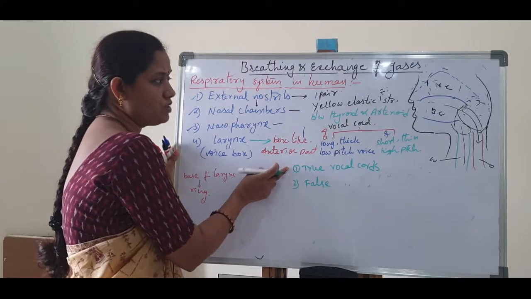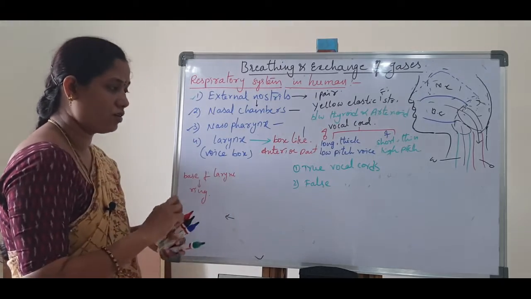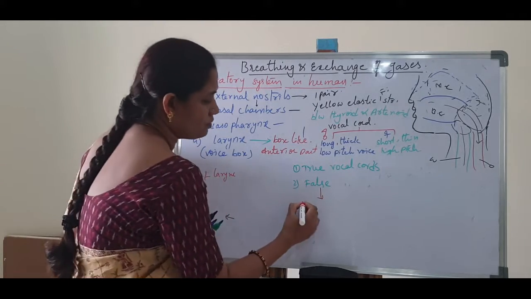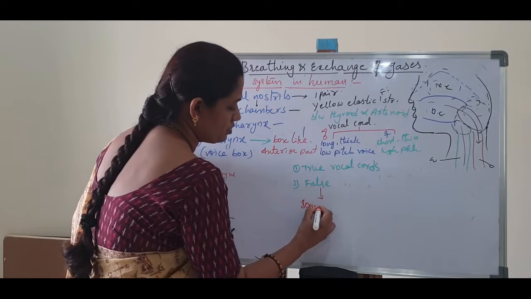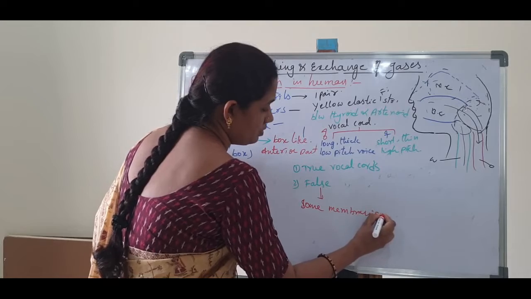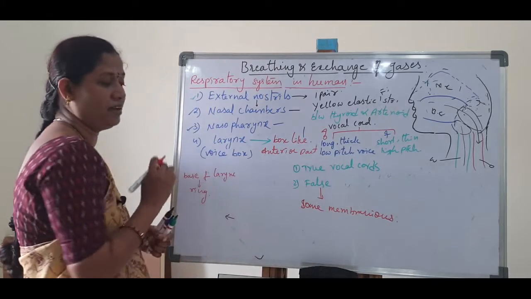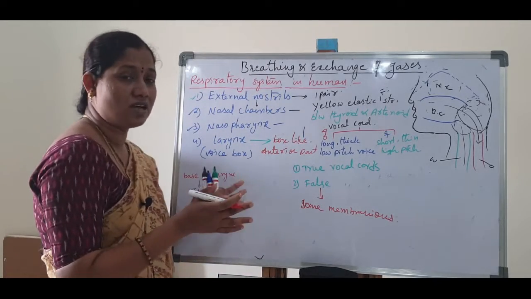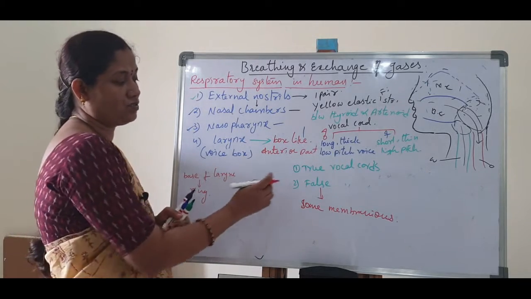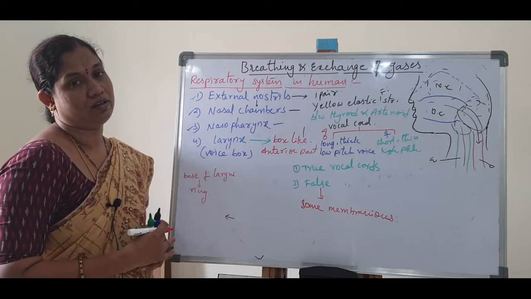True vocal cords are these yellow elastic structures. Next, false vocal cords: some membranous structures are present in the larynx region. They look like vocal cords, but they are not vocal cords, and that's why they are called false vocal cords.